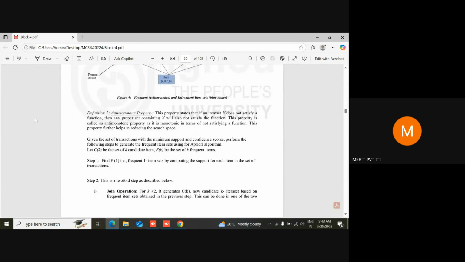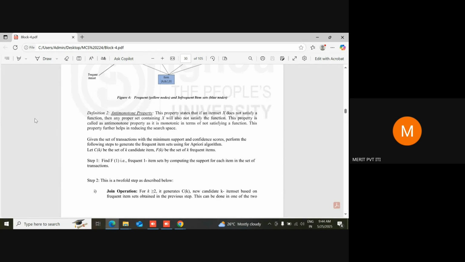So the anti-monotone property, look at the join operators, and the property states that if an item set X doesn't satisfy a function, then any proper set containing X will also not satisfy the function.